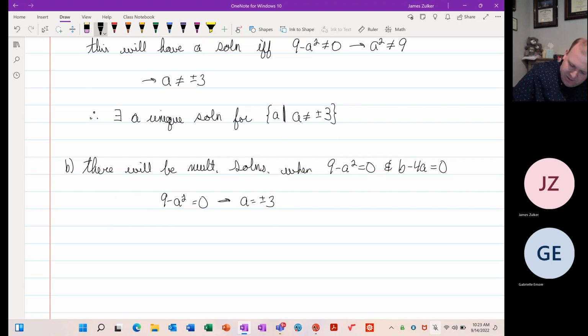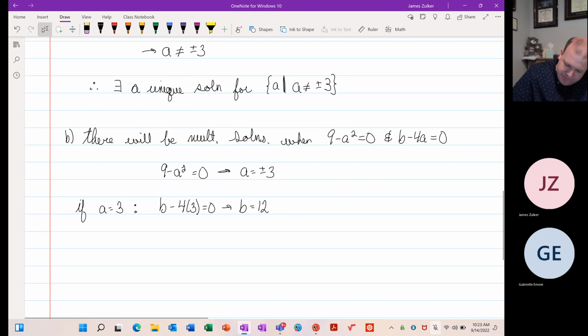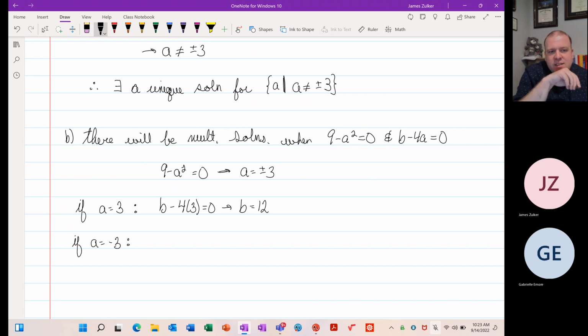So now what we do is take one of the values. Let's start with positive 3. Plug it back into b minus 4a equals 0 and solve for b. That means b has to be 12. All right, now do the same thing if a is negative 3.